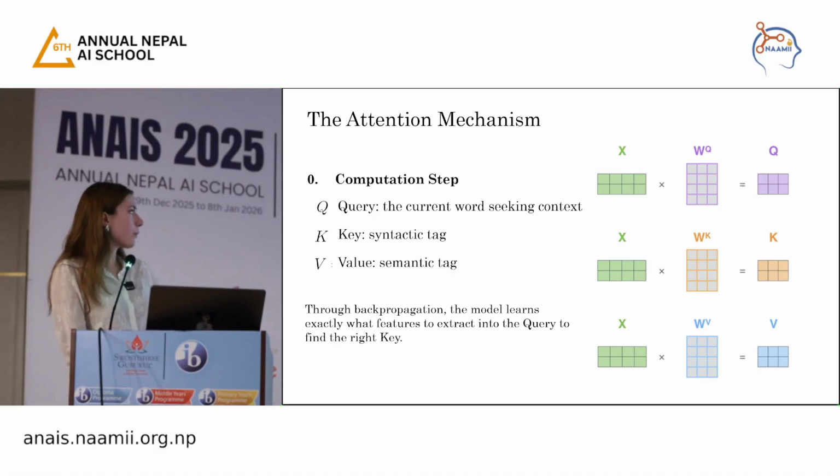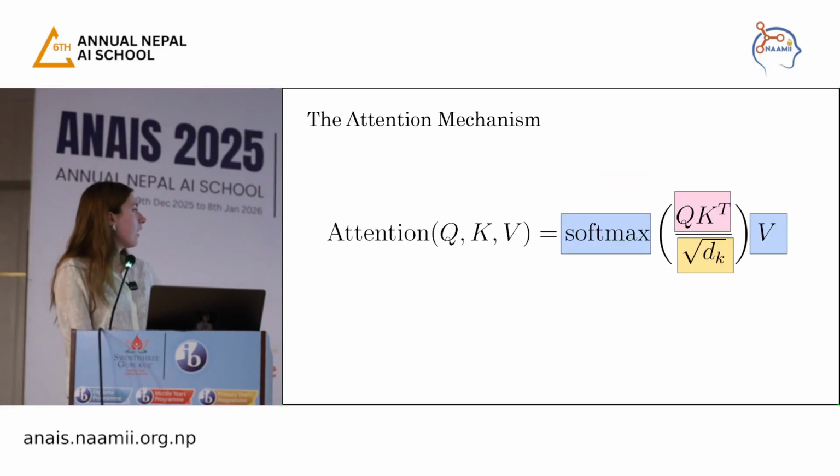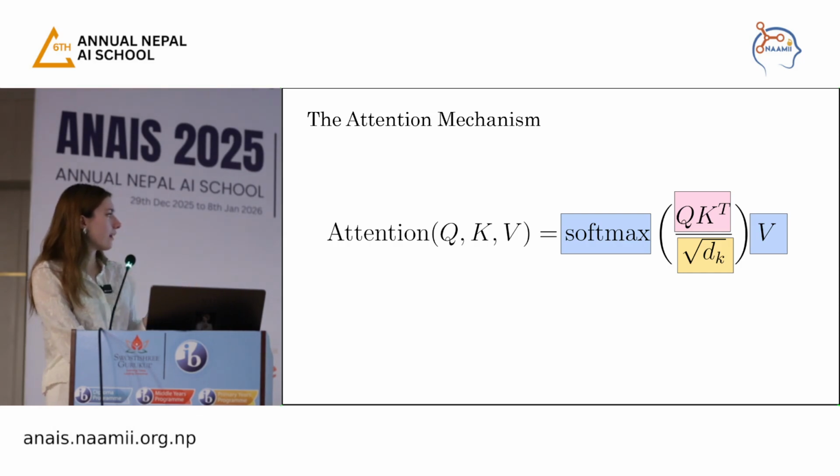Okay, so what are we learning? We're learning these matrices W's and these embeddings X in training. Cool. Okay, now, how do we learn them and what do we do? We use attention, and attention is a score that is computed on these matrices that we have been talking about. Now, let's break it down together.